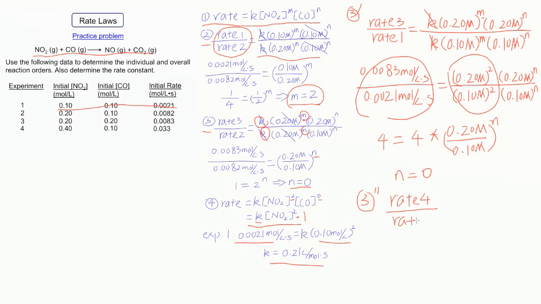I guarantee that you'll get the same answer for n. Okay, so here is how we solve this challenging question. Hopefully it can help you understand the whole reaction system a little bit better. Please let me know if you have any questions.